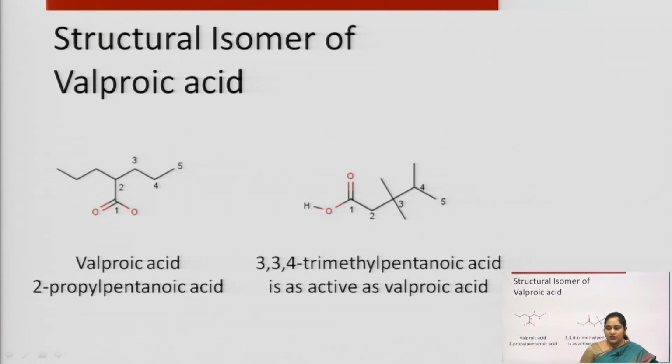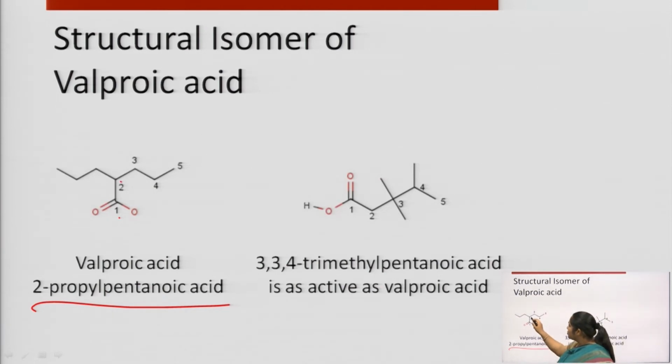These are the structural isomers of valproic acid. Valproic acid is also known as 2-propyl pentanoic acid. How? It is a pentanoic acid, meaning it contains a carboxylic group. We number this carbon atom as 1, then the next one is 2, 3, 4 and 5.